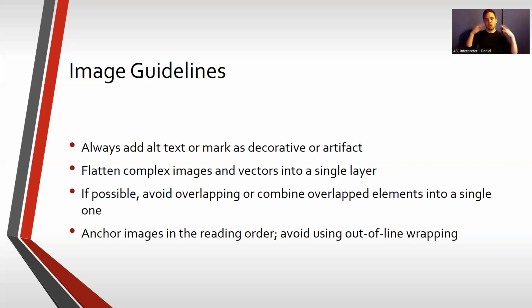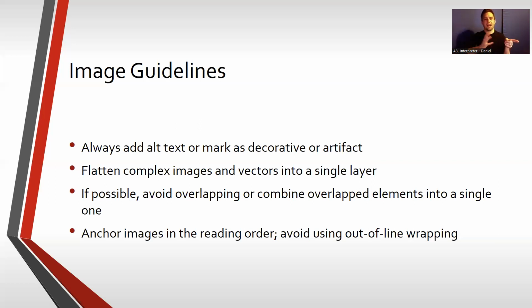So you can get that out of their way and give them a more streamlined user experience. Unfortunately, with Microsoft Office, you can't do that. So in those cases, when you port it to PDF, you're going to have to do that after the fact, or you have to fill in the alt text as decorative so that users at least know I can skip this.